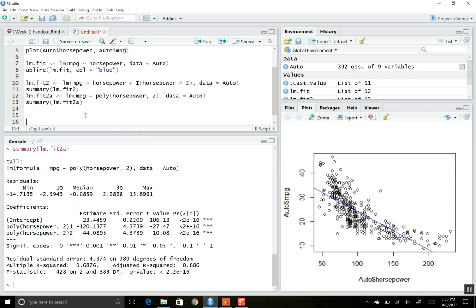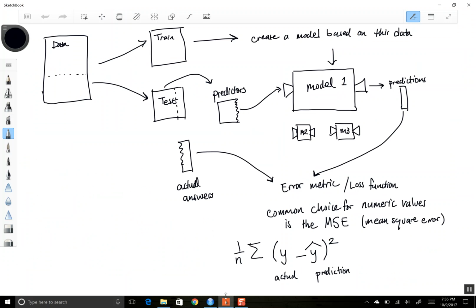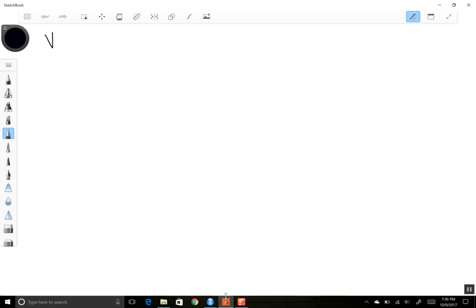Okay, and so to answer this question, we can try this out by splitting our data into our training set and a test set, or in this case we call it a training set and a validation set. Okay, so the first method is the validation set method.